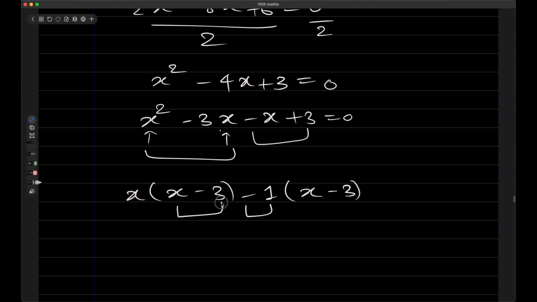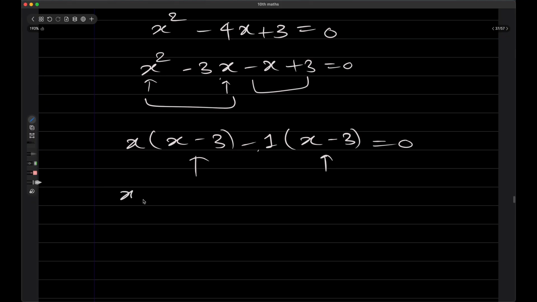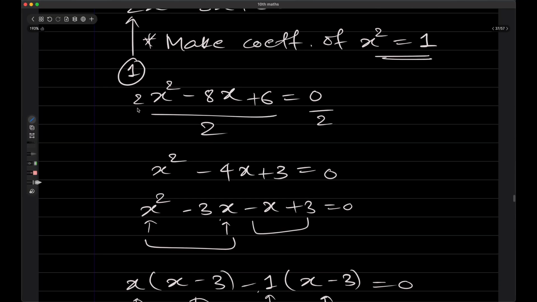Because I want to bring x minus 3, so that I can take x minus 3 common from both the terms. Now I will take x minus 3 common, remaining is x here and minus 1 here, equals 0, and the 2 is as it is in all the terms.